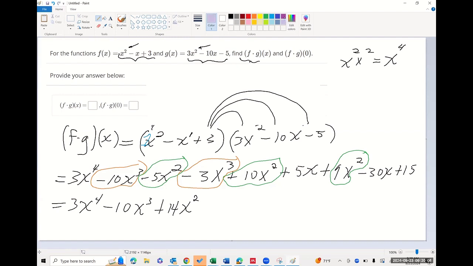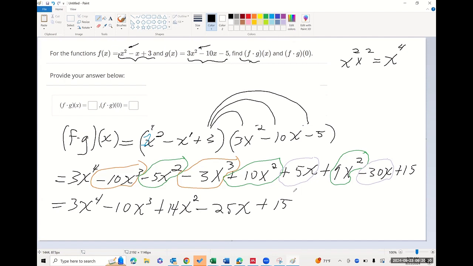And let's take the linear terms, which are the ones with the x to the 1 power, and combine those. So that's negative 25x. And the last term we're left with is that plus 15.